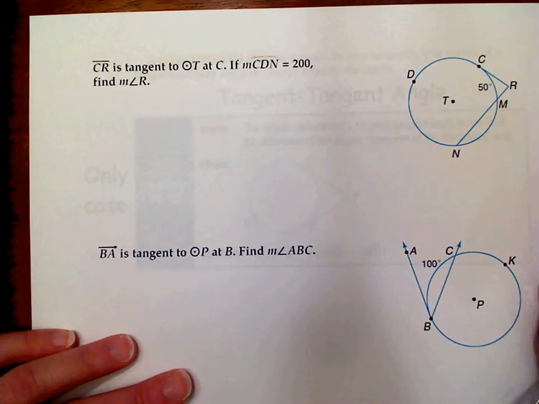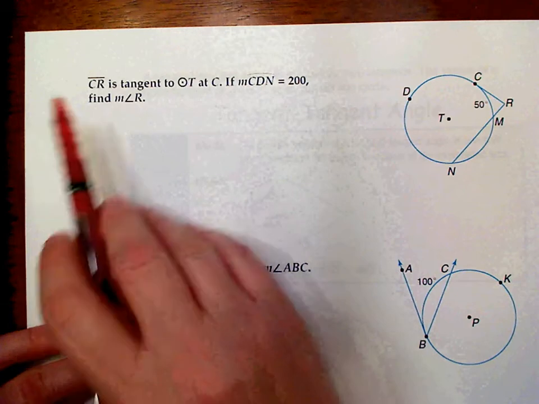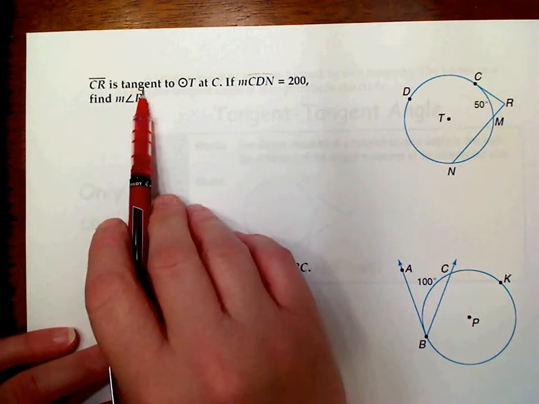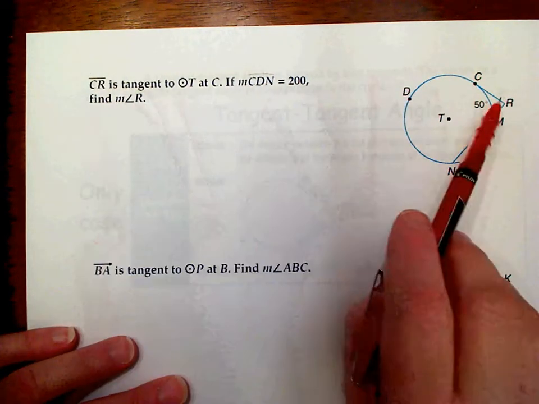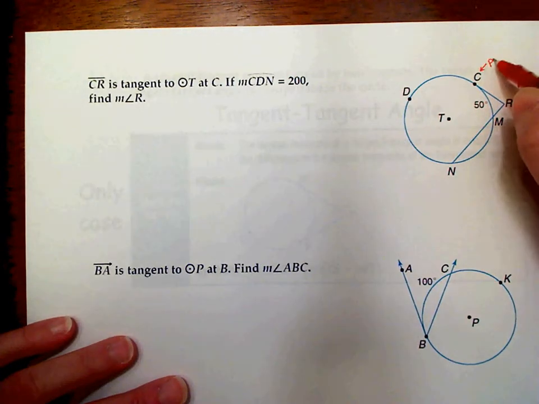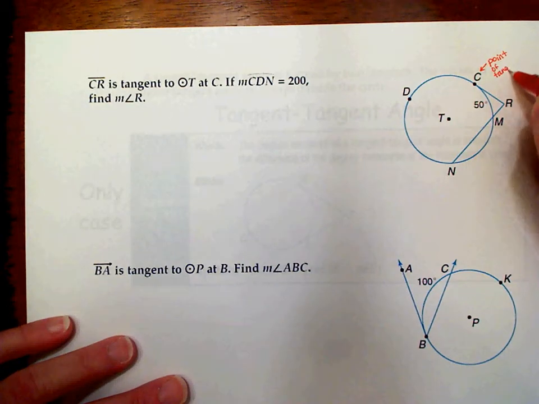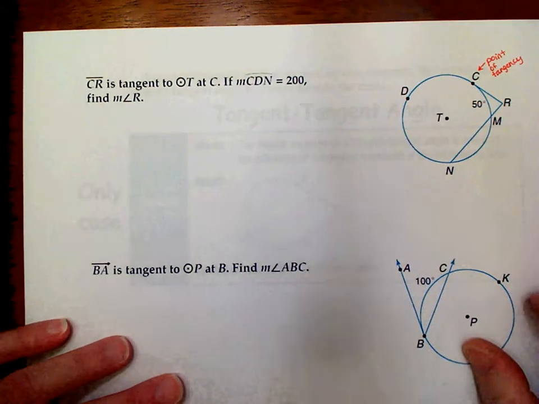Alright, so let's look at some secant tangent angles here. We are told that CR is tangent. We don't have to assume that. So remember, if CR is tangent, the point on the circle is called a point of tangency. So point T is a point of tangency. We're told it's circle T, so that's the center.